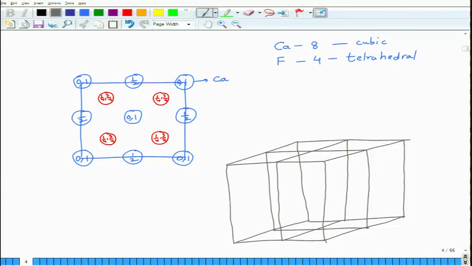The middle division is going to be created in this fashion, and there is going to be a boundary here as well. So you have 8 of these unit cells. Now, you start filling in the fluorine. These are all fluorine atoms.